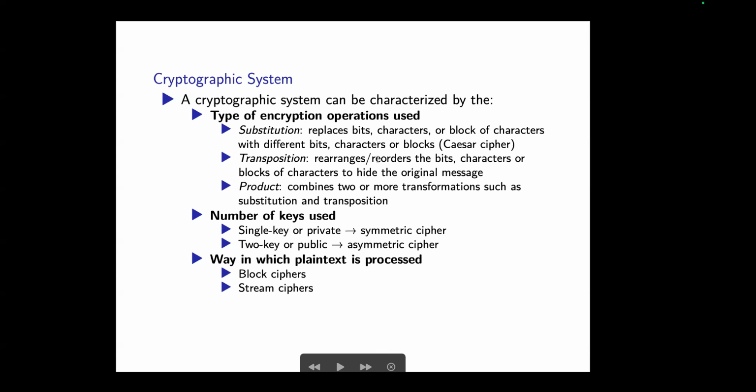So normally what we do is we split the message into blocks, and then my key is of the size of the block. So imagine that we have disk files.